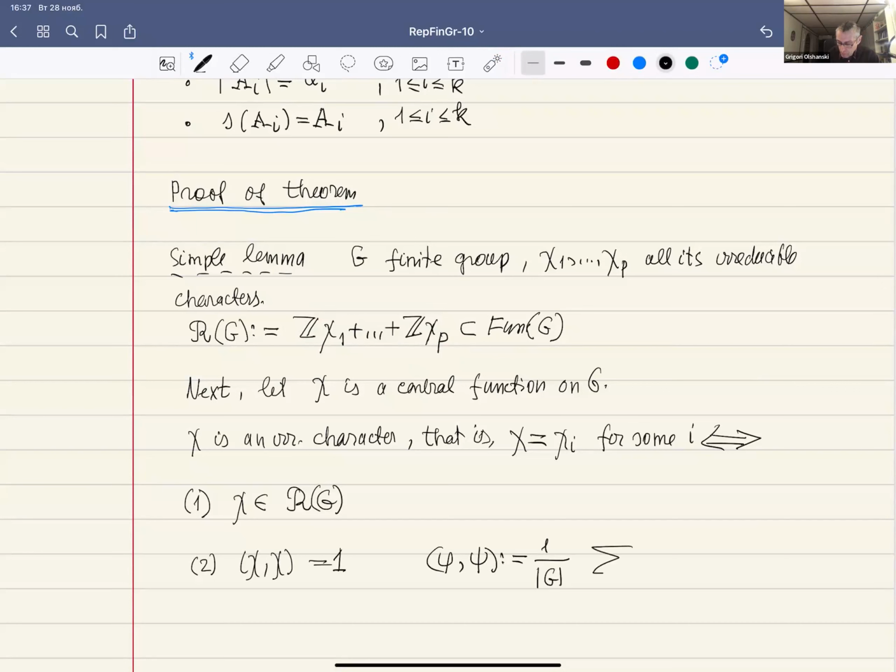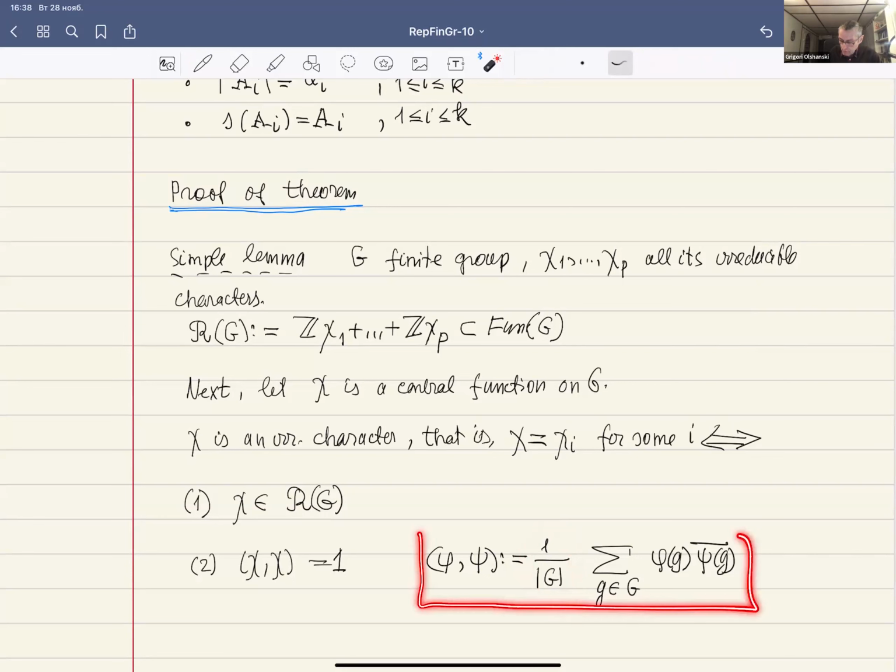The sum over the elements of our group, phi of G, psi of G bar, and this is the normalization that we like. So with respect to this scalar product, we impose this condition.